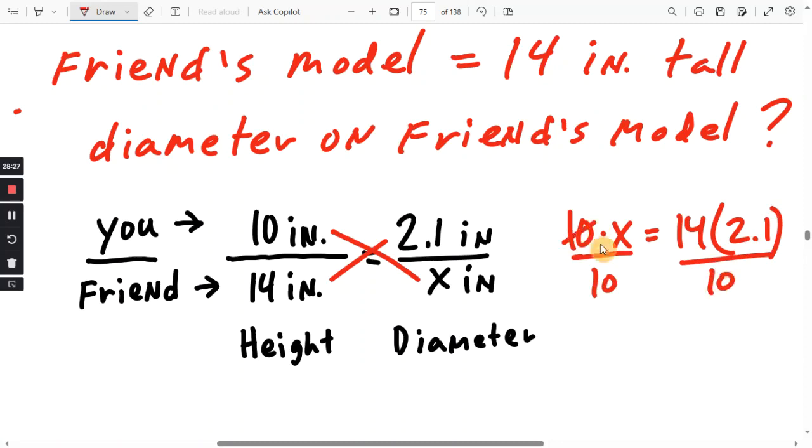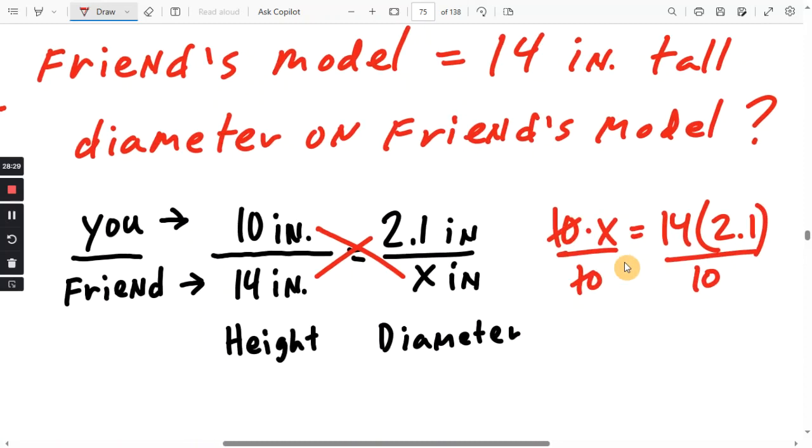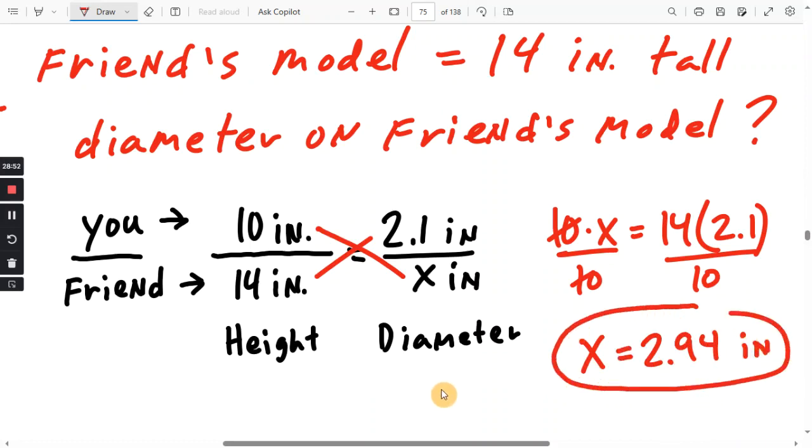You do that to both sides. And then 14 times 2.1 divided by 10, and I get 2.94. And we said the units would be in inches. Does it make sense? Yes, if your friend's model is a little bit taller, the diameter is going to be a little bit more.